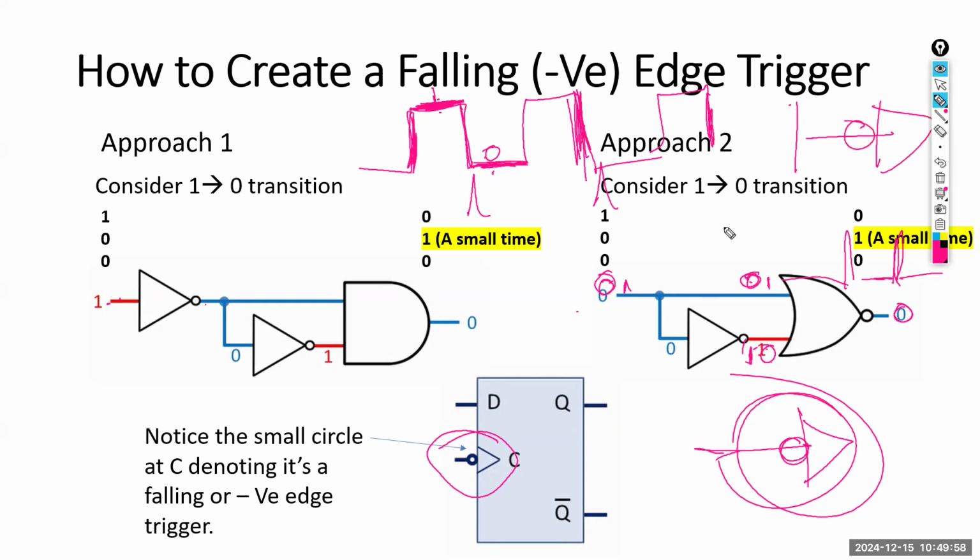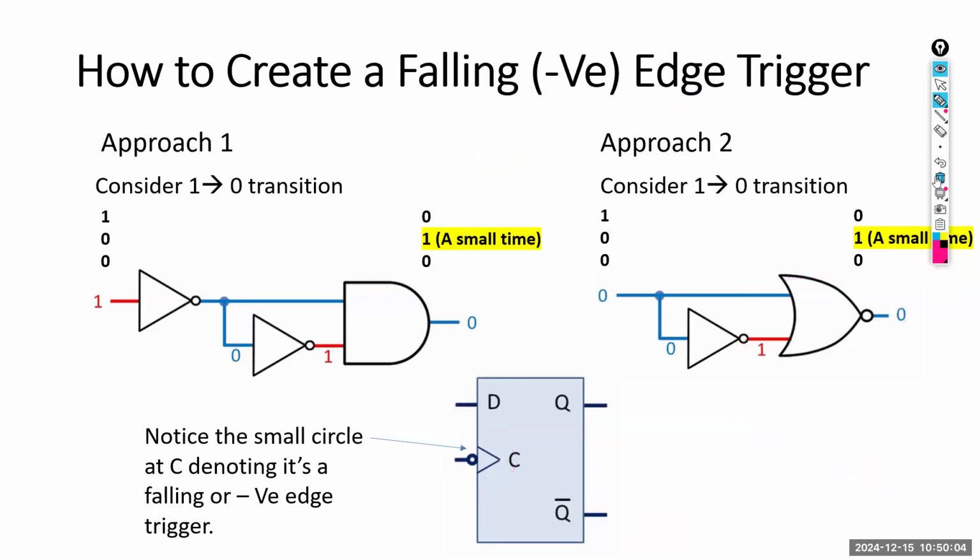Falling edge is something like this. Four symbols. Ultimately you need to understand that these are the four possibilities. This is just for your information, to show that these are possible in electronics. In the exams, they are not going to ask how to generate positive edge spikes, how to generate negative edge spikes, and so on. But this is for your information, your confidence.